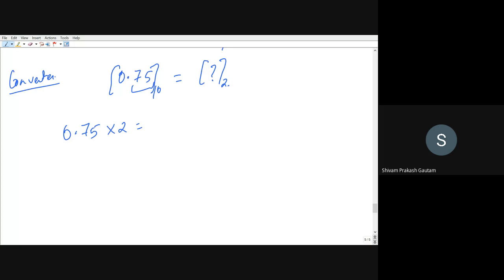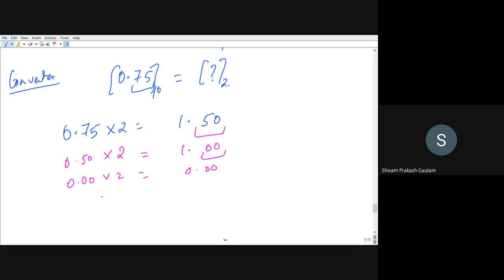So 0.75 multiplied by 2 will be equal to 1.50. Again, what you have to do, you have to take the point after the decimal. So this will be 0.50 multiplied by again 2. So we will be getting 1.00, and if you again take after the decimal point, that is 0.00, so it will be 0 again.